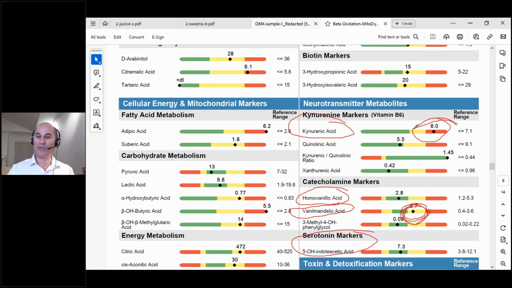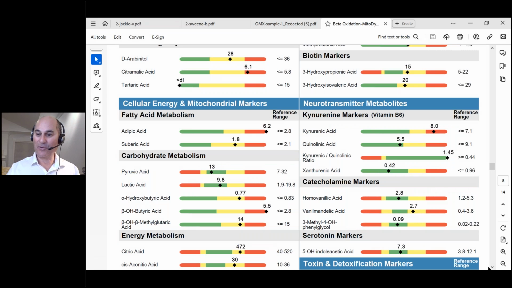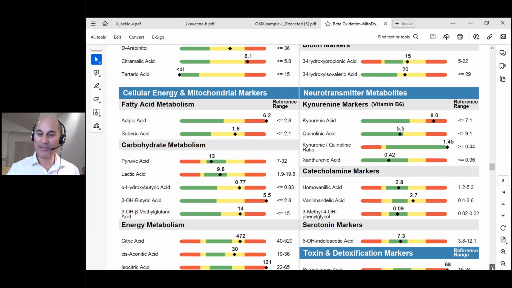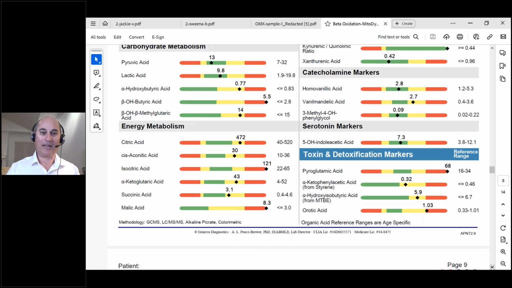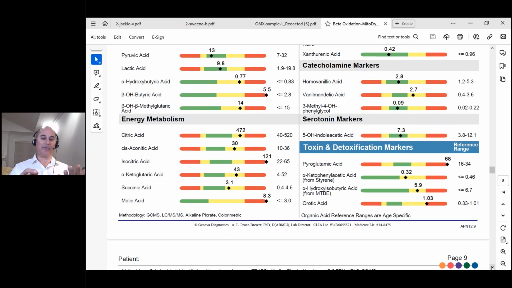So there's some neuroinflammation with some impact on the catecholamines as well. And serotonin seems to be sitting just fine there. Now, just to be thorough, you're going to scoot down just a little bit here. And now we're seeing that there's neuroinflammation.